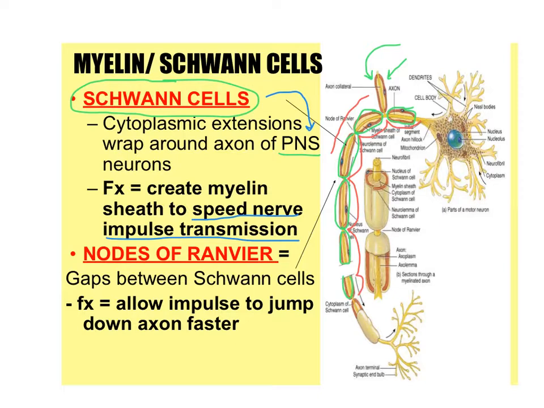And remember, each of these little gaps in between the myelin are called nodes of Ranvier. Those are just the gaps in between the little sausages, and these allow the impulse to jump down the axon much, much faster. And remember, Schwann cells only wrap the axons of neurons in the peripheral nervous system. I guarantee you will need to know that.